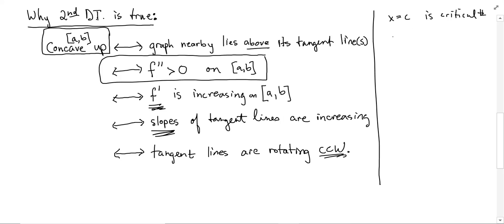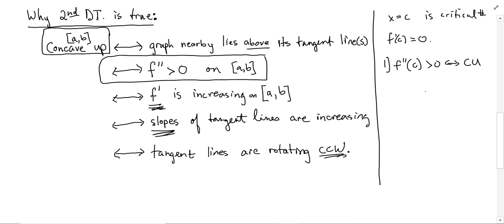That means the derivative is equal to 0 at c. Additionally, in case 1 of the second derivative test, the second derivative is positive. If it's positive, that says the graph is concave up, as we've just seen.